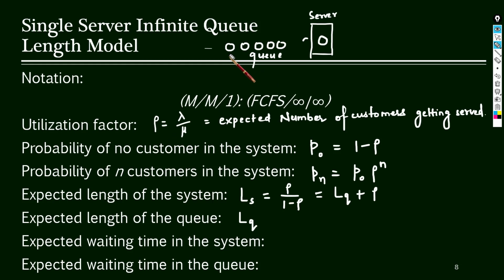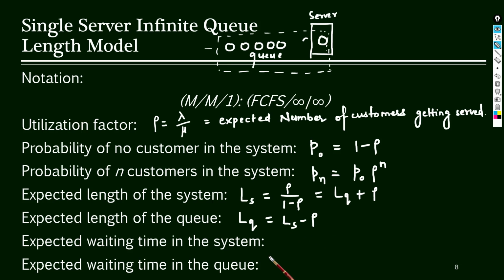This is the queue length, and the queue length plus the customer getting service is known as the system. So the length of the system will be equal to the length of queue plus the customer getting service, LQ plus rho. That's why LQ can be written as LS minus rho.